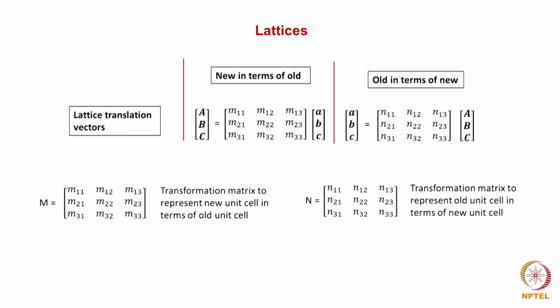N is used to denote the matrix to transform from the new system to the old system. These are all the equations. The relationship between N and M is that one is the inverse of the other.